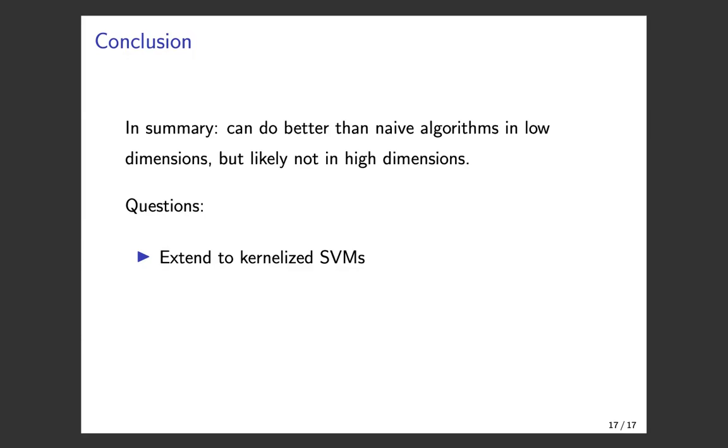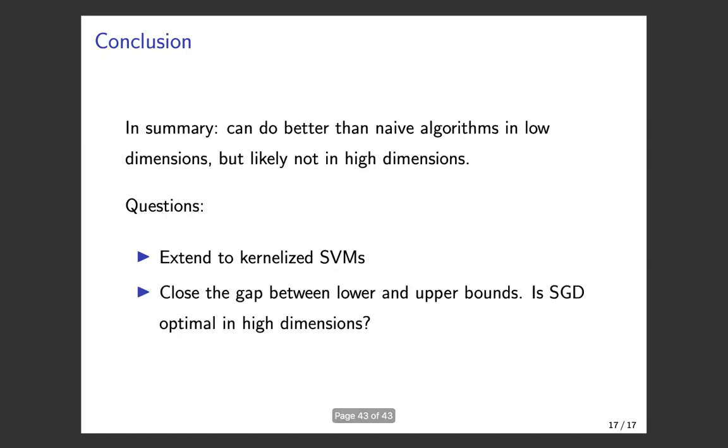One is we mostly focused on linear SVMs in this paper, but one common use of SVMs is in this kernelized setting, which loosely speaking means you can do all of this while implicitly working in some different feature space, so that ultimately the function that you learn is not actually linear, but it's just linear in some more expressive feature space, and this can give you a lot more power in learning the function that you care about.